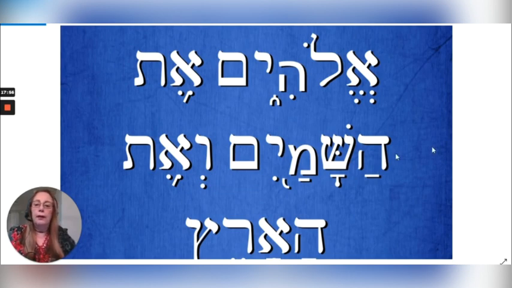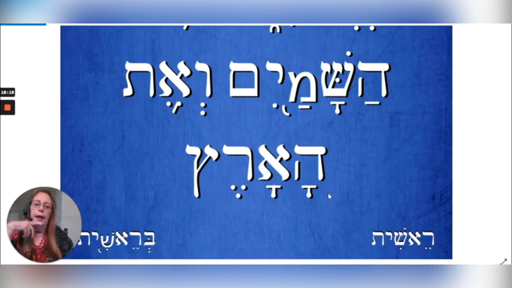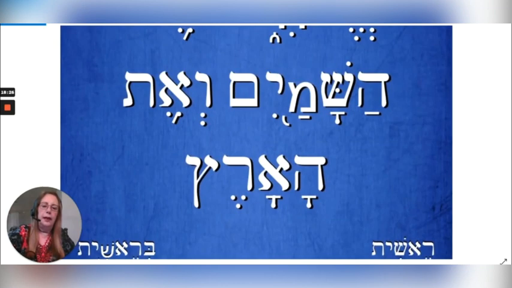Then we have ve'et, ve'et, Elohim et hashamayim ve'et. And here we have ha'aretz, ha'aretz, and that means "the land." Ha'aretz, the land.